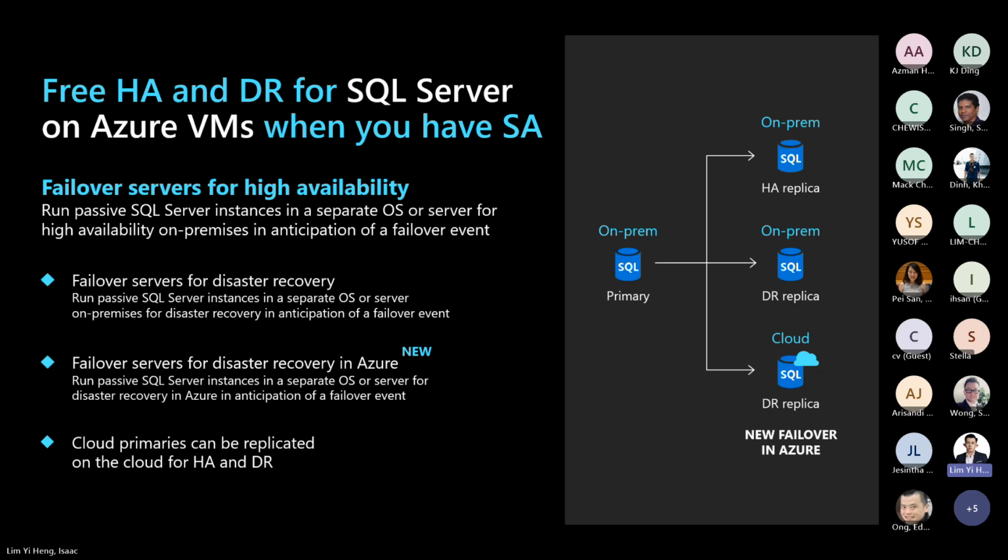So there is free HA and DR for SQL Server on Azure VM when we have the existing Software Assurance. SQL Server brings intelligent performance, availability, and security to Windows, Linux, and containers, and it can tackle any data workload, from BI to AI, from online transaction processing to data warehousing.